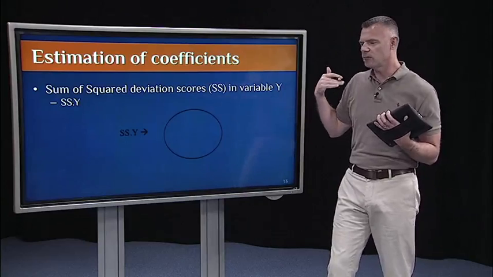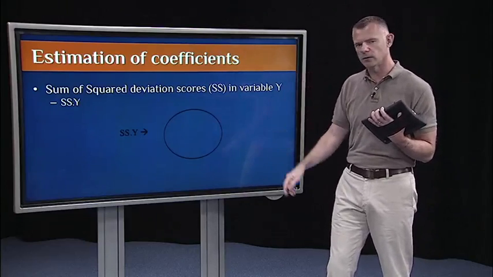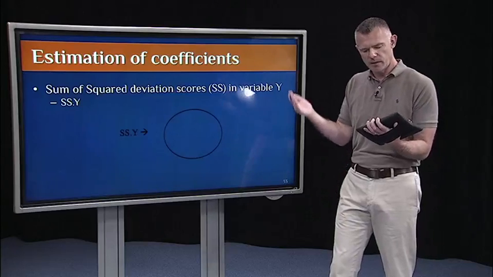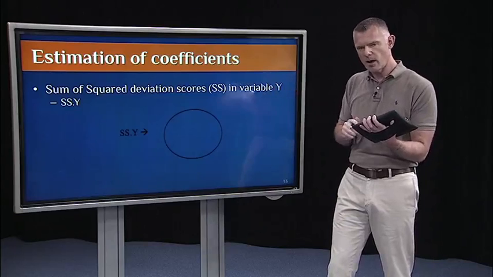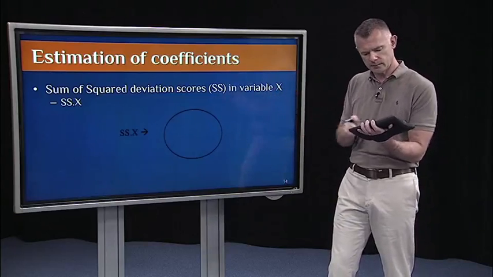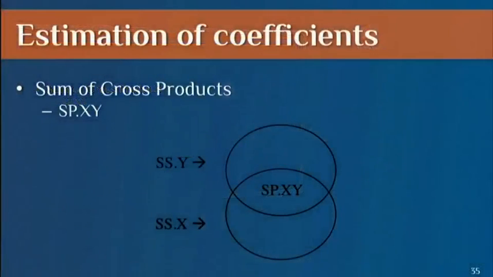So imagine I could represent the sum of squares for y in this one circle or Venn diagram. I have some variance in y. Likewise, I have some variance in x. And we did this when we talked about correlation. The overlap between the variance in y and the variance in x is the sum of cross products between x and y.